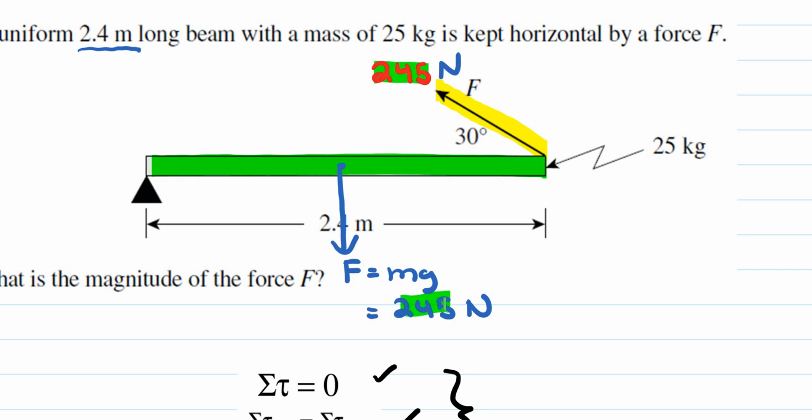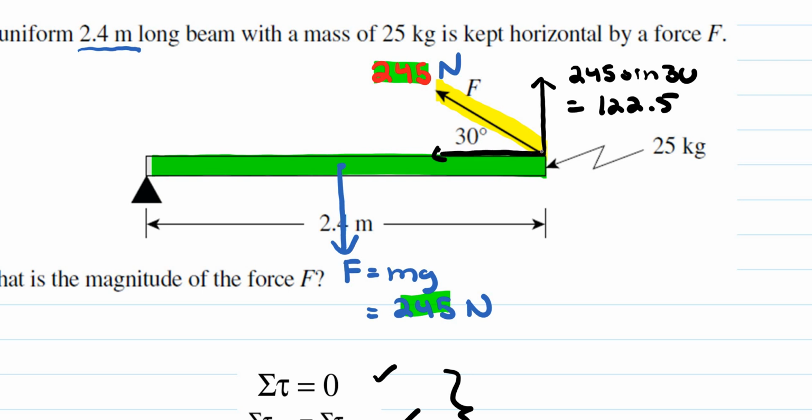If you want to find your Fy component, it's going to be 245 times sine of 30 degrees, which gives you about 122.5. You can also find the Fx component, which I won't do here, but it would be 245 times cos of 30 degrees. Those are the different forces acting together.